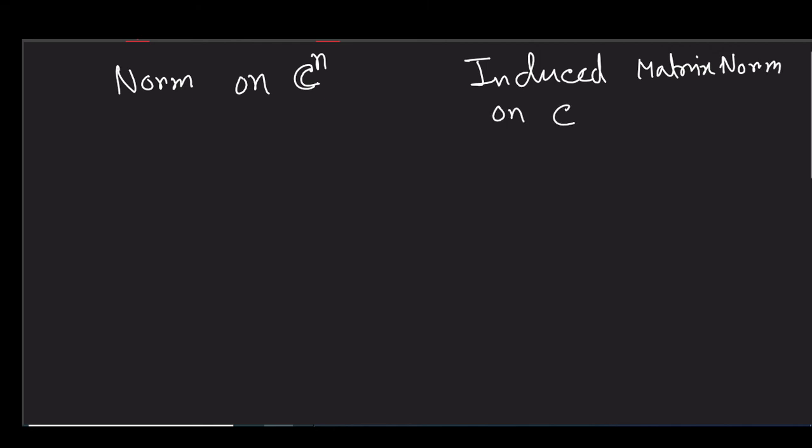So on C^n we have the vector norm, and here we'll have the induced matrix norm on C^{n×n}.